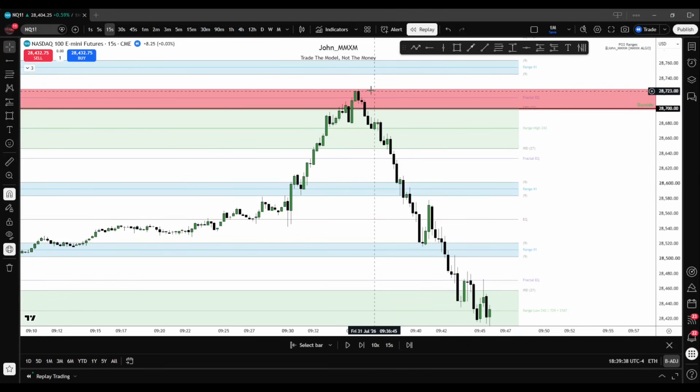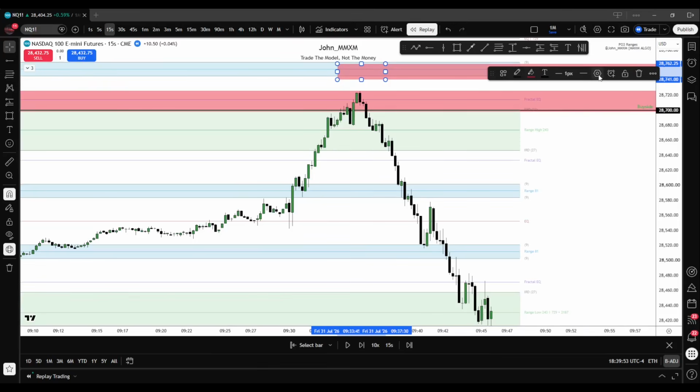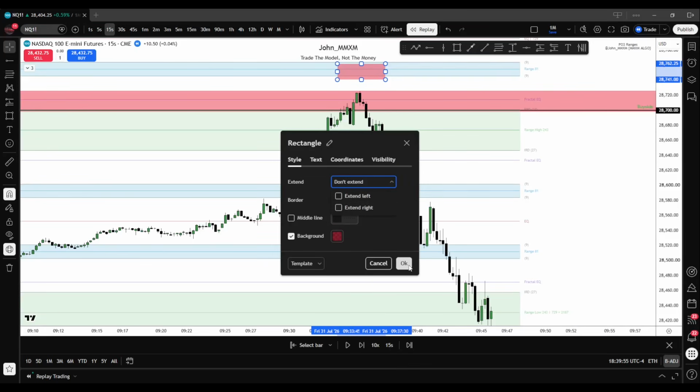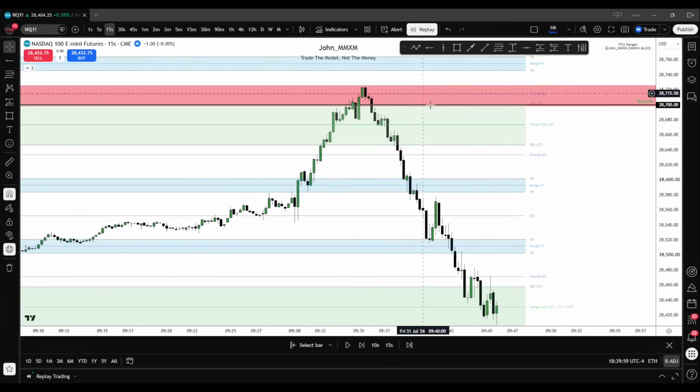So yeah, what you can see here is that, matter of fact, price did go above the range high completely. We hit the fractal EQ and we stopped right there. Okay, the highest that we wanted to see it go was to this range 81 up here, but price didn't even bother going into it. All right. So that's the furthest we'll go for the price delivery model to play out.